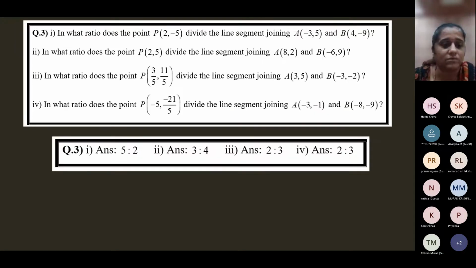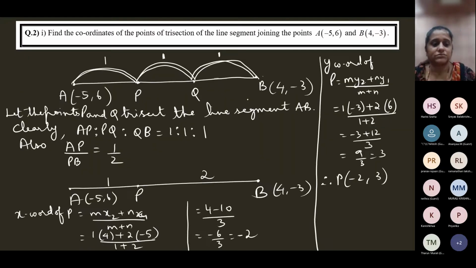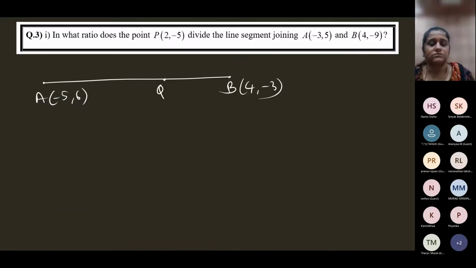A is given by -5, 6, and B is 4, -3. Correct? Okay. So we know that AQ by QB is equal to 2 by 1.